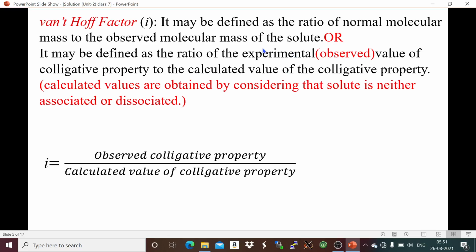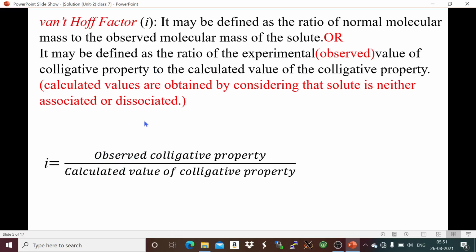Again, the second definition is that it may be defined as the ratio of the normal molecular mass to the observed molecular mass. Which one is the denominator and which one is the numerator?